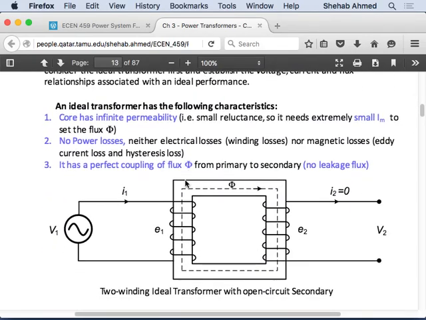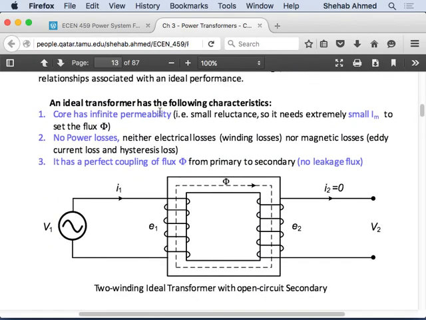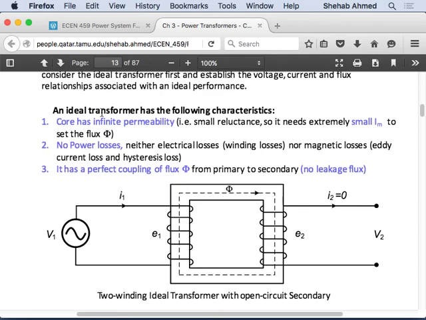So let's look at the ideal transformer. The ideal transformer core has infinite permeability. Permeability and reluctance are reciprocals of each other. So if the core has infinite permeability, it means it has zero or very small reluctance, which means it needs an extremely small Im to set up the flux phi.